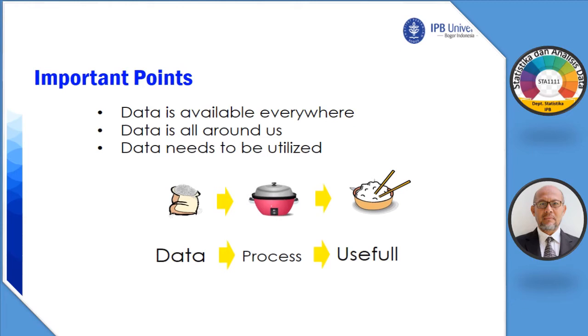And data needs to be utilized. But the important thing that we must understand is that for data to be useful, it must be processed. Without any processing, data is not useful as information. Do you understand this? Okay.